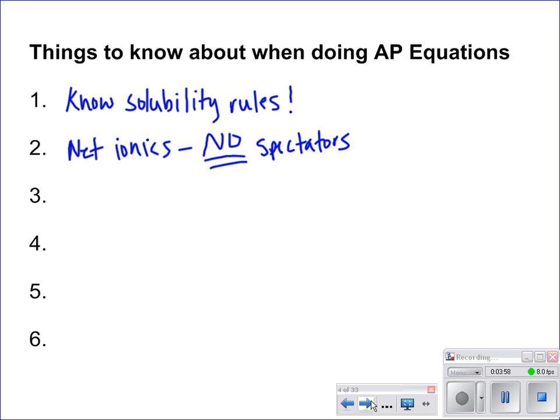The good news is, though, that all the reactions happen. There are no reactions. So you never have to look at an activity series and say, oh, is this single replacement going to happen? They all do. And it says it in the instructions on the AP exam itself. All right, the next thing that's important is the need to balance all your equations.